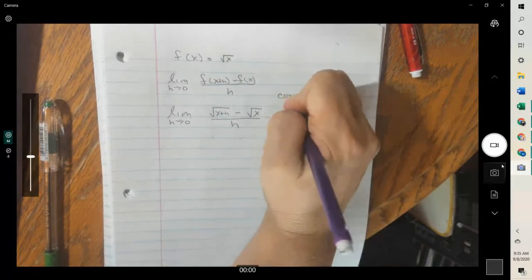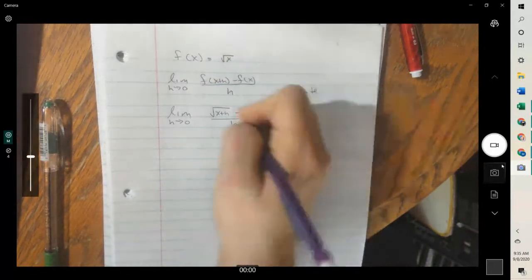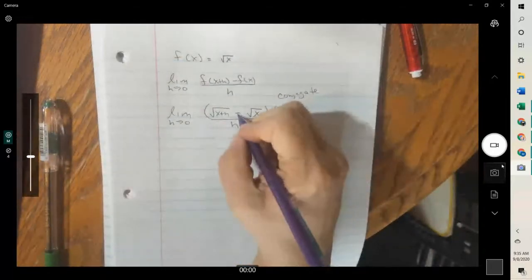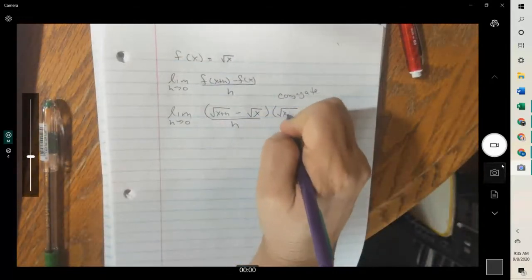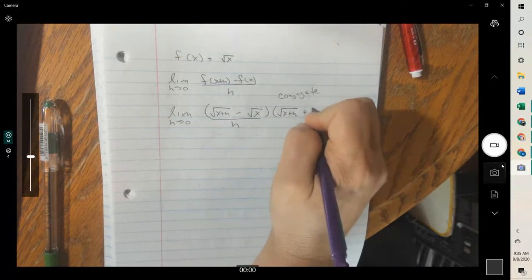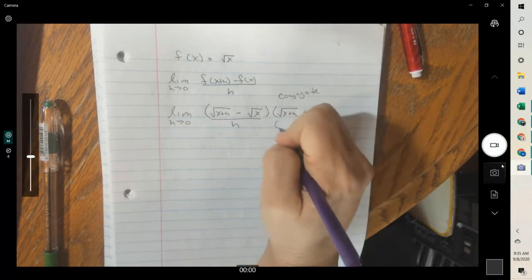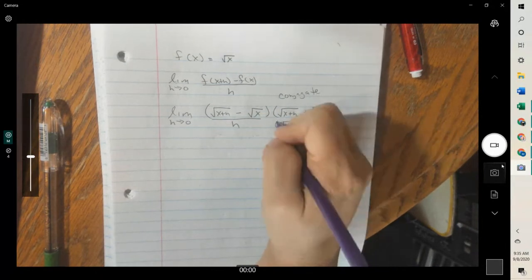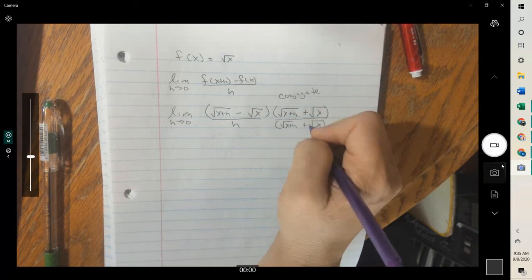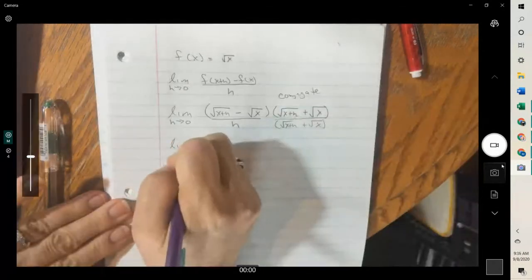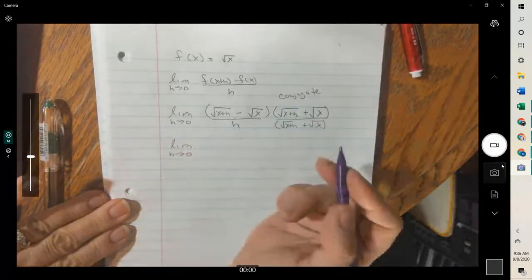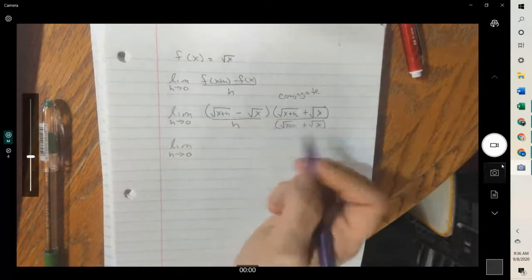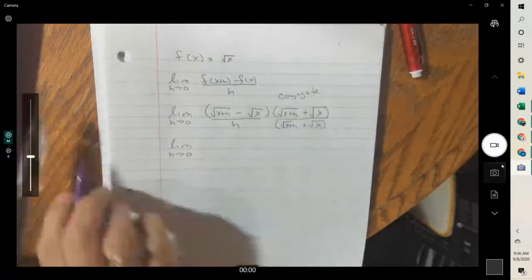When you have radicals, you multiply by what's called the conjugate. It's the same quantity except the opposite middle sign. And what you do to the bottom, you have to do to the top. But don't multiply the bottom out. When you multiply by the conjugate, what's nice is you don't need to worry about the middle terms because they will cancel.